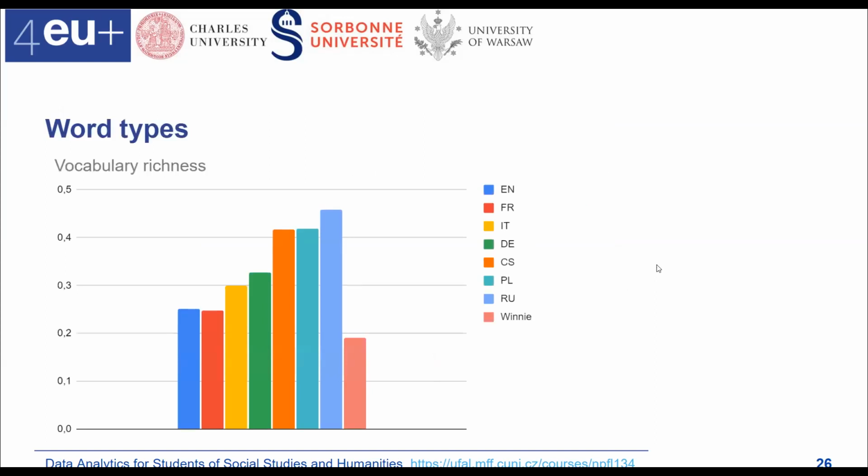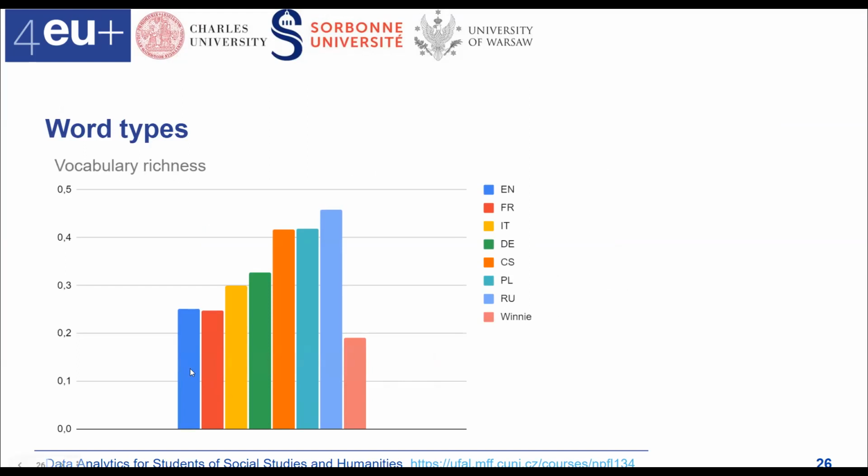Concerning the vocabulary richness, it's also not surprising if we compare Winnie the Pooh and the original English version of the regulation.